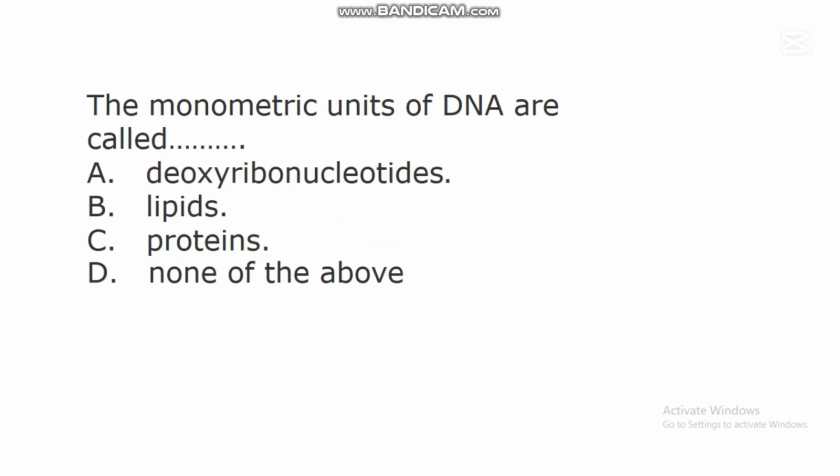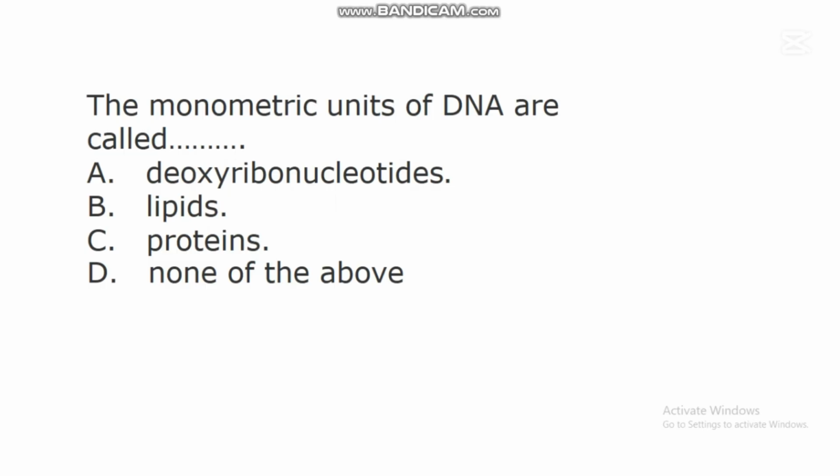The next question says, the monomeric units of DNA are called dash. A. Deoxyribonucleotides. B. Lipids. C. Proteins. D. None of the above.